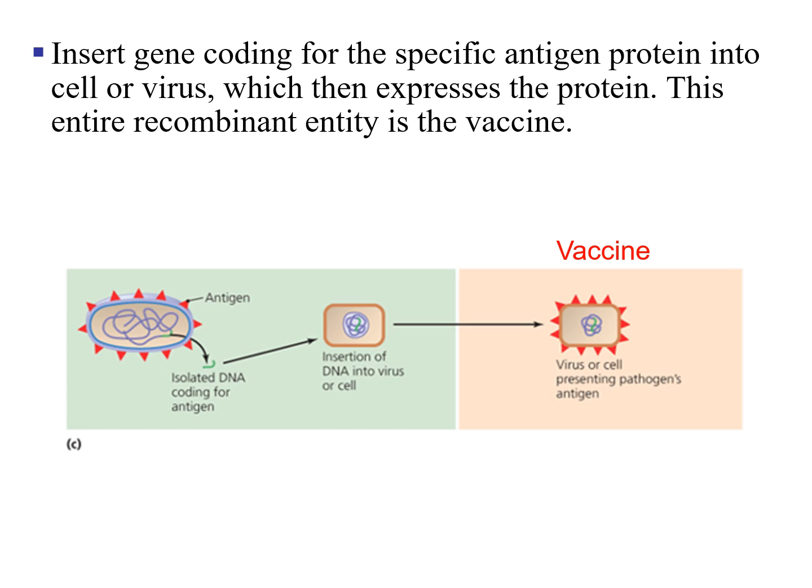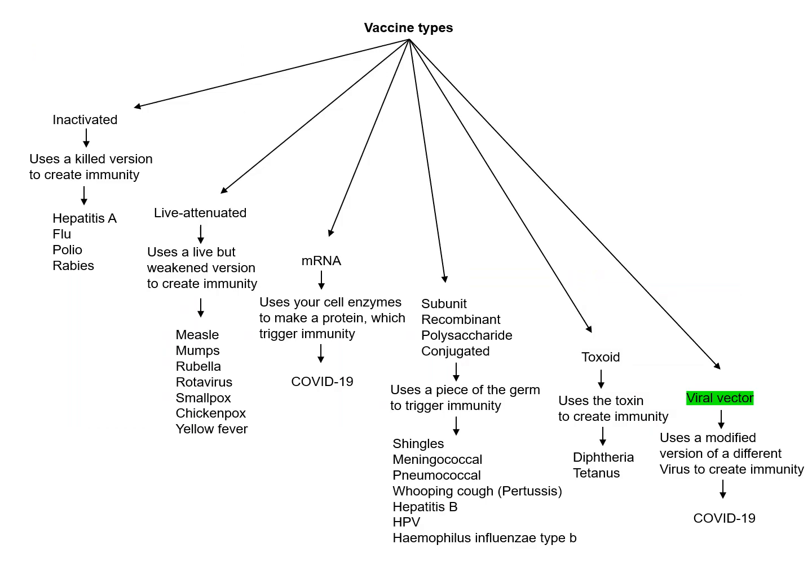The entire recombinant entity is going to be used as the vaccine, not just the protein, the actual cell. So it's a little different than the previous one. This slide sums up what I just said. We have a viral vector that has been modified, and now it expresses that protein that we need it to express.